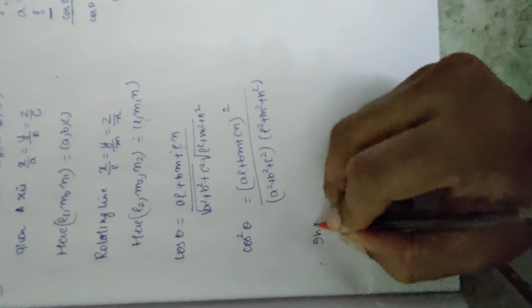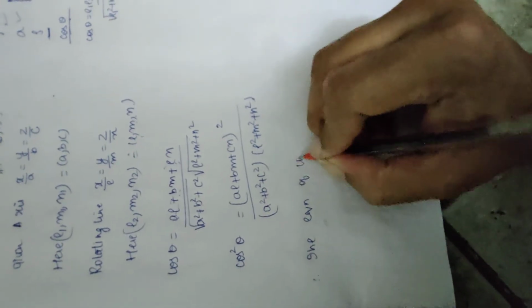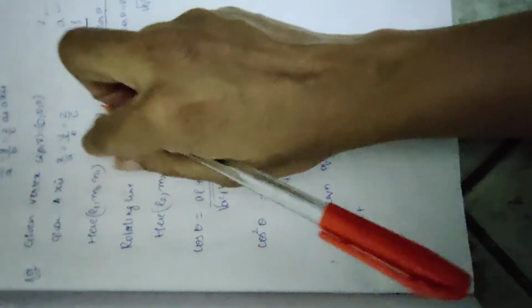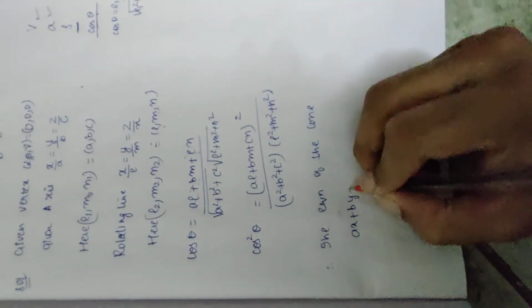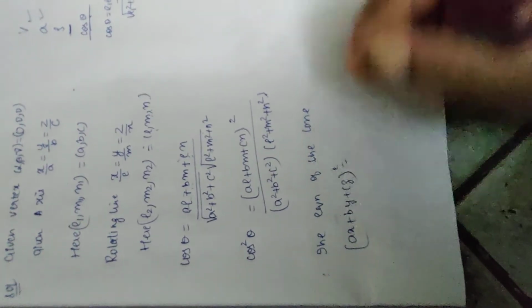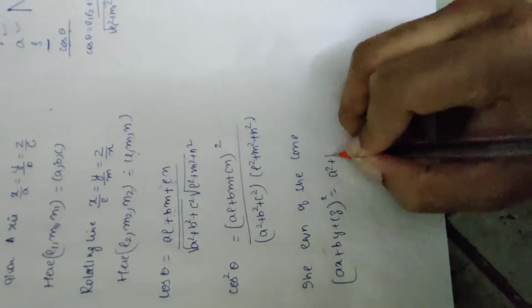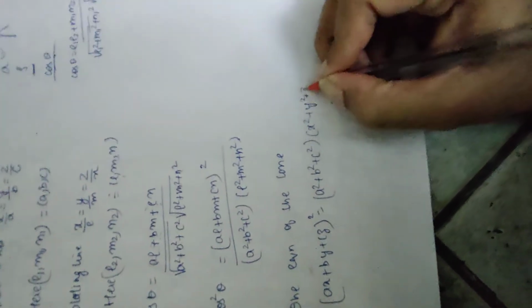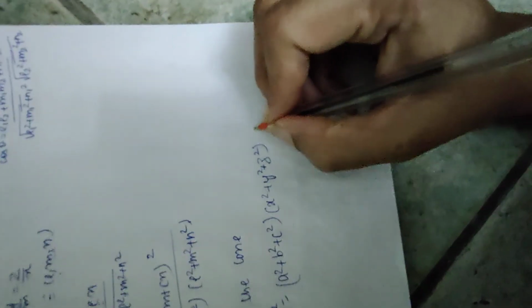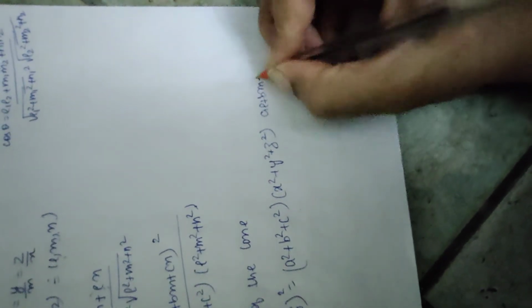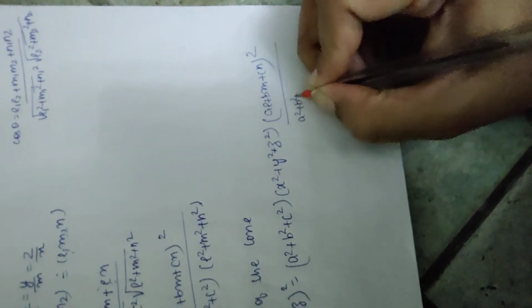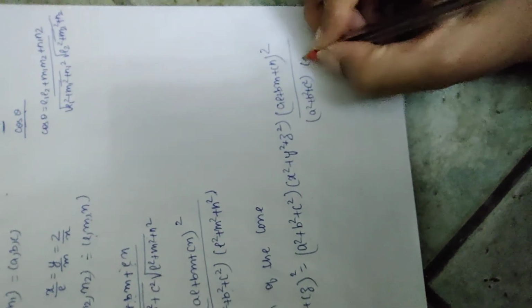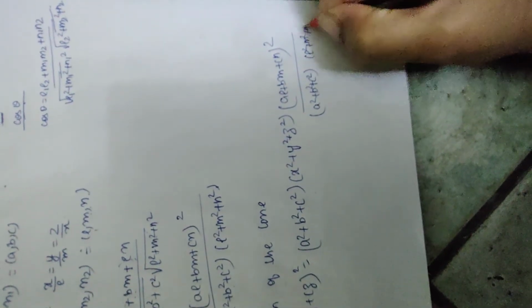Therefore the equation of the cone is a x plus b y plus c z whole square, equals a square plus b square plus c square, I'm doing it directly, into x square plus y square plus z square into cos square theta, which is a l plus b m plus c n whole square, divided by a square plus b square plus c square into l square plus m square plus n square.